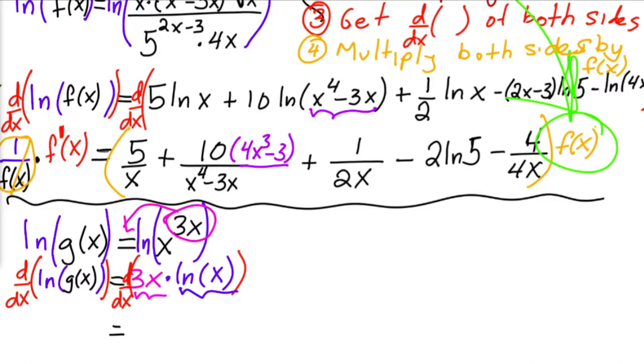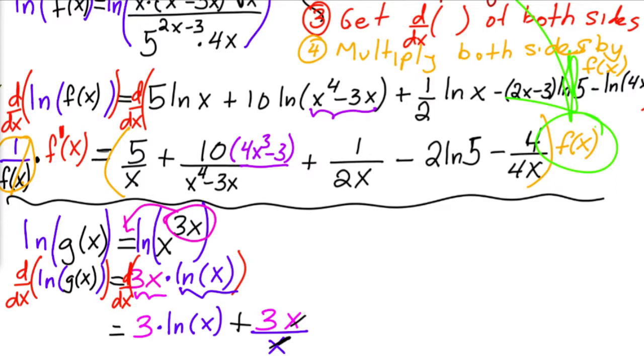So I'm going to have the derivative of the first, which is 3, times the second, which is natural log of x. Okay. And then plus the first, I'm going to leave it alone, times the derivative of the second, which is 1 over x. So notice that these guys are going to eventually cancel.